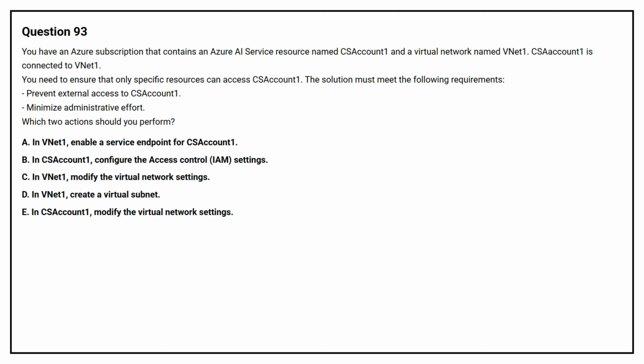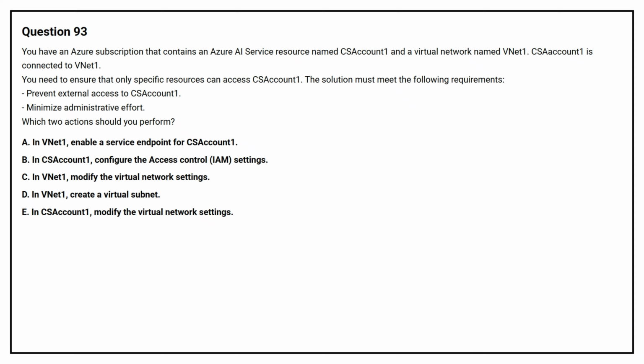You need to ensure that only specific resources can access CS Account 1. The solution must meet the following requirements. Prevent external access to CS Account 1. Minimize administrative effort. Which two actions should you perform?